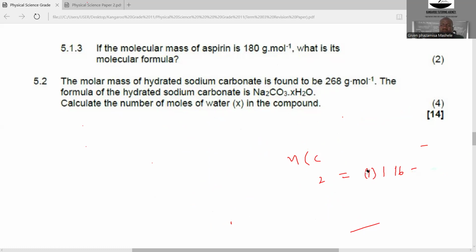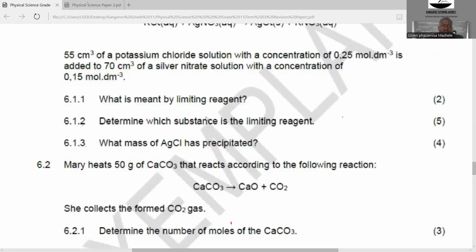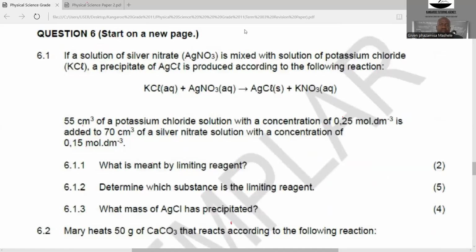So we're going to address the quantitative aspect of chemical change. Then after the break, we'll look at acids and bases. Now, question 6. It says, if a solution of silver nitrate is mixed with a solution of potassium chloride, a precipitate of silver chloride is produced according to the following reaction.